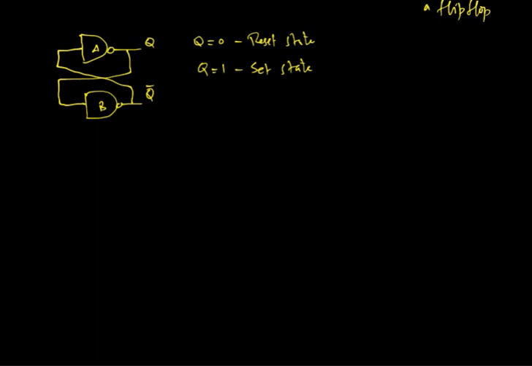So now let's discuss the different flip-flop circuits. Here you can see that in a latch circuit, when power is switched on, the circuit switches to one of the stable states, that is Q equal to 0 or 1, and it is not possible to predict that state.